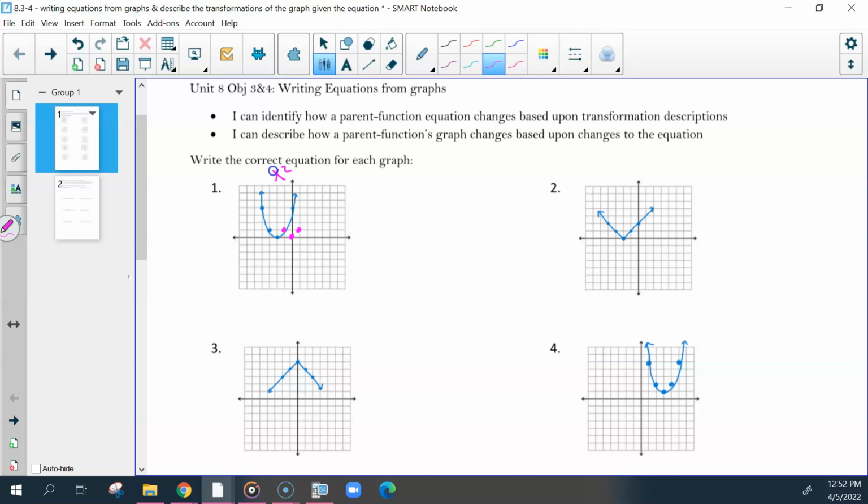And then when you go 2 to the right or 2 to the left, you're going to go up to 4. So it would be 2, 4, and negative 2, 4. So that's your parent function, x squared. We talked about that whenever we were last doing transformations.